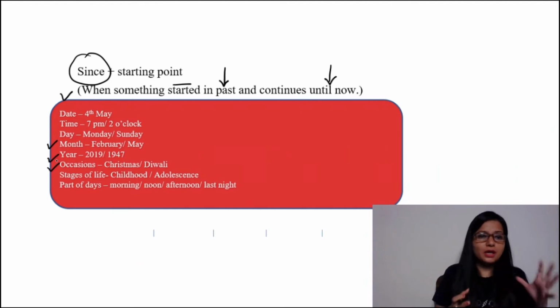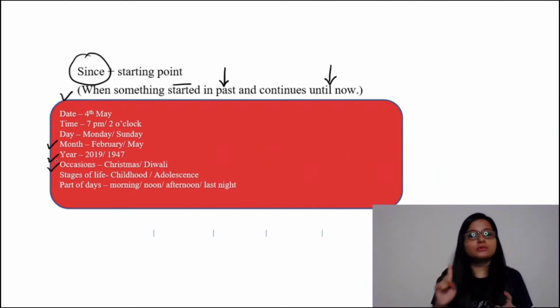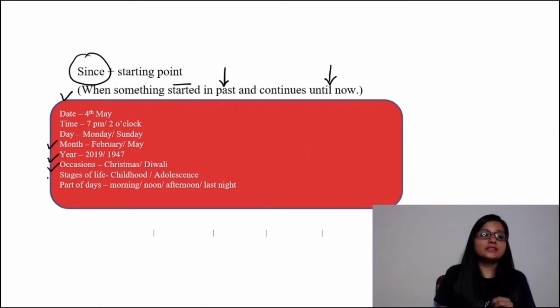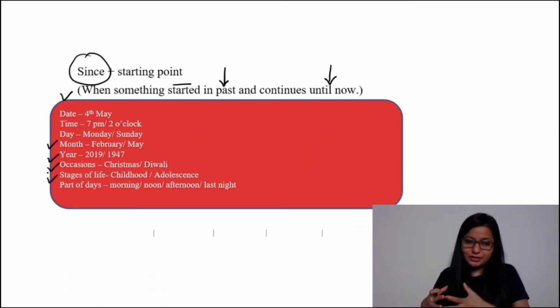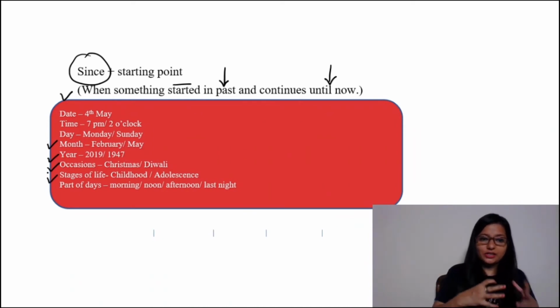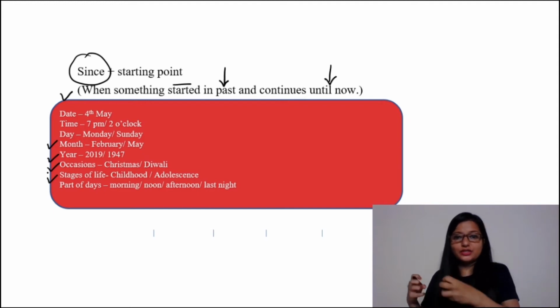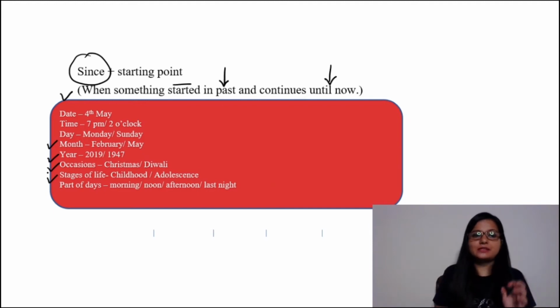Do not use for before that. Stages of life, we have different stages in our life, childhood, adolescence, teenage, we have to use since before that. And then we have parts of the day, morning, evening, afternoon. Use since before them too.